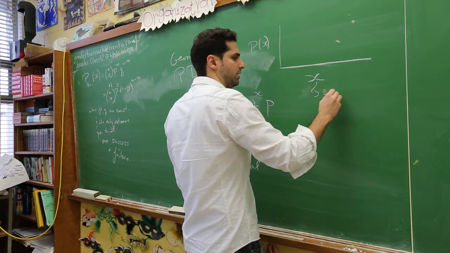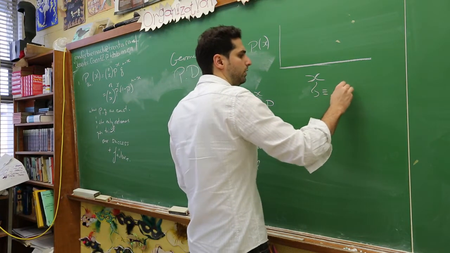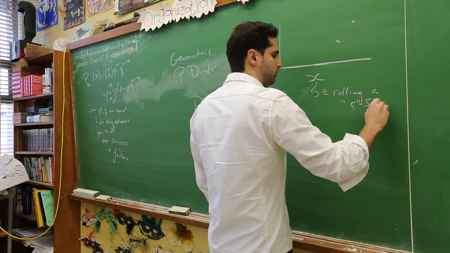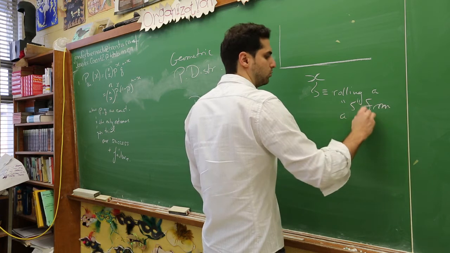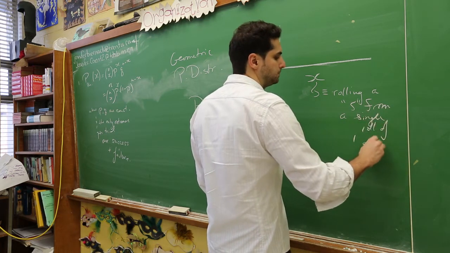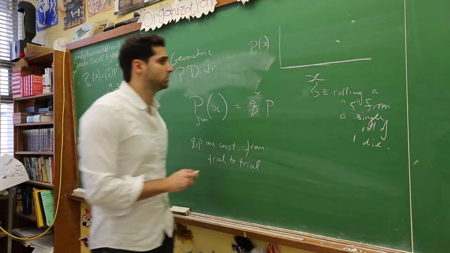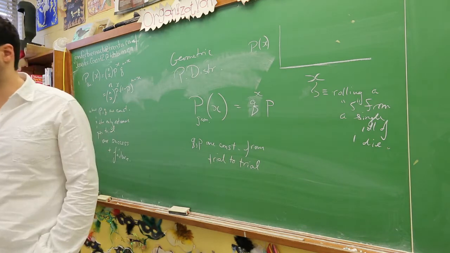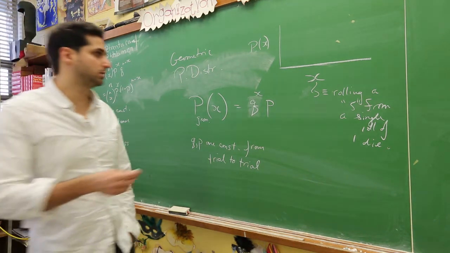X is going to be defined as rolling a 5 from a single roll of one die. What's the probability that you succeed on your first trial, Gary? 1 out of 6, so.